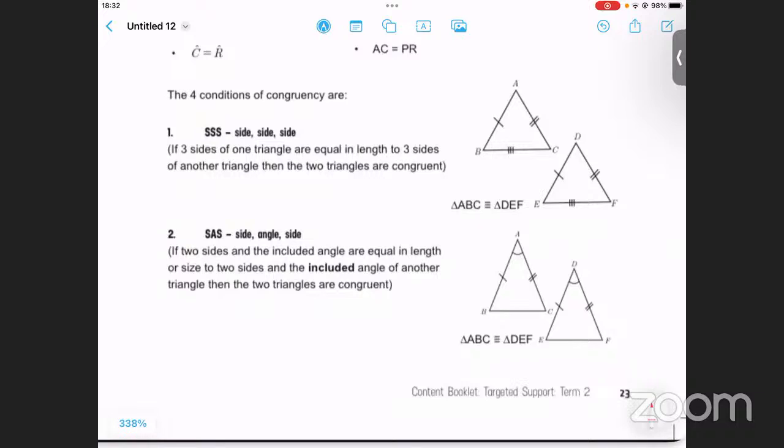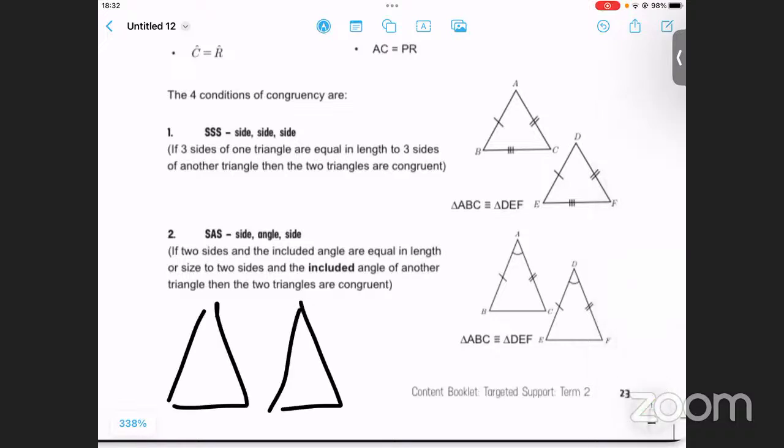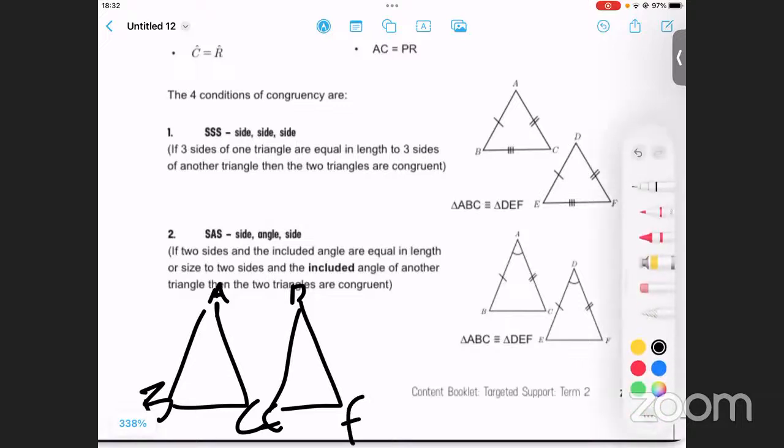So it's side, and then the other one is side, angle, side, and then the other one would be side, angle. So now let's say we are having two triangles, ABC and DEF.